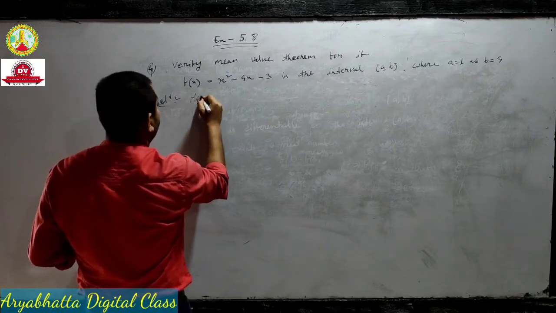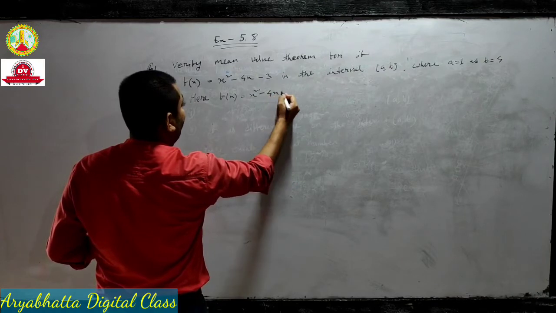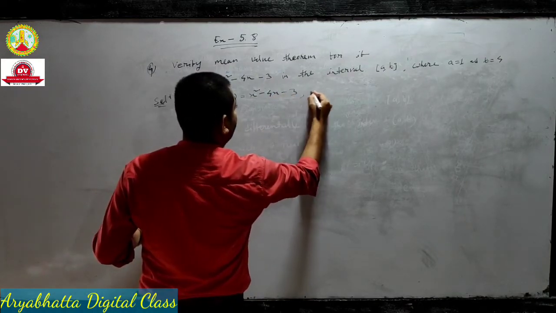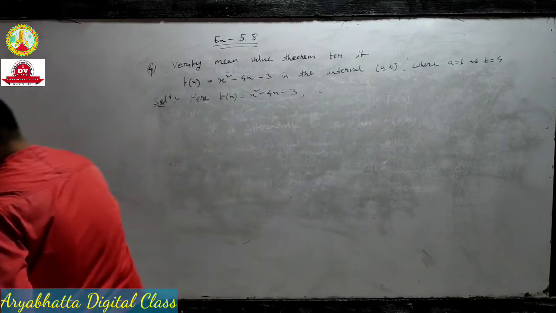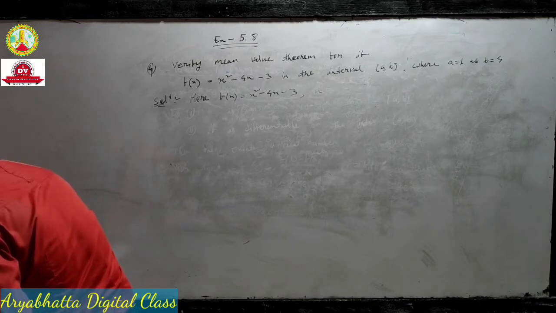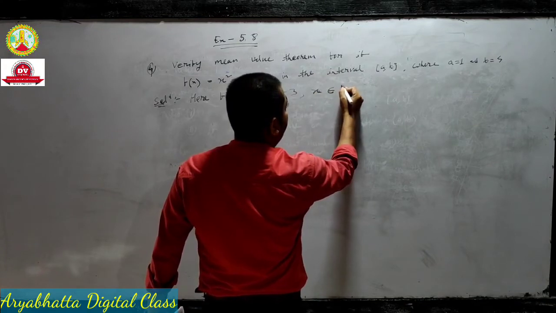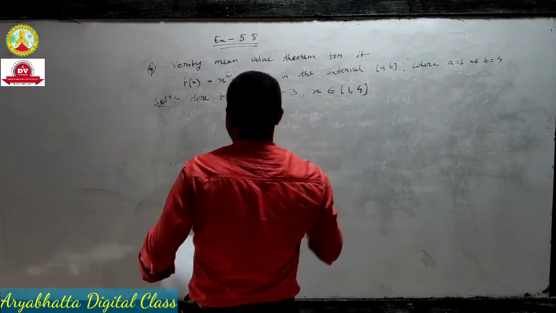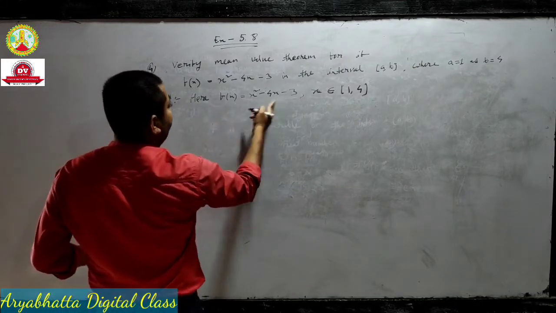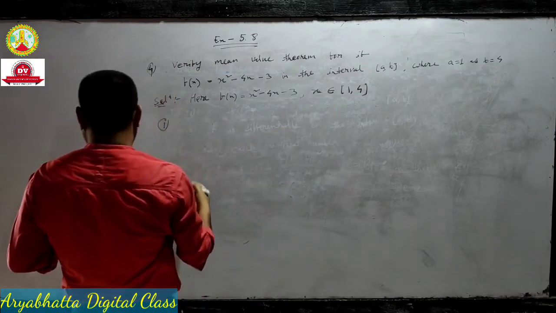Here f of x is equal to x square minus 4x minus 3, where x belongs to closed interval 1 comma 4. Number 1, since this is a polynomial function, therefore this function is continuous on the closed interval 1 comma 4.